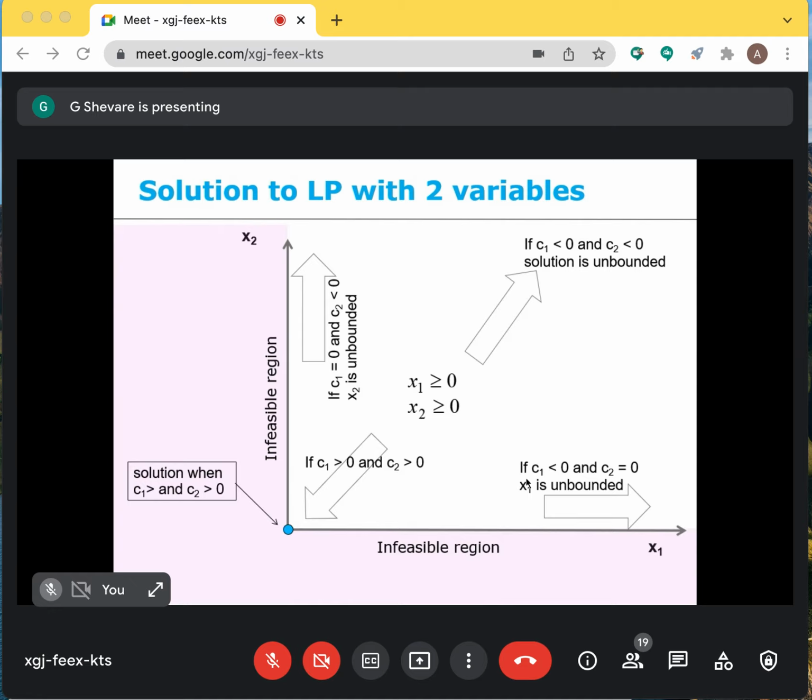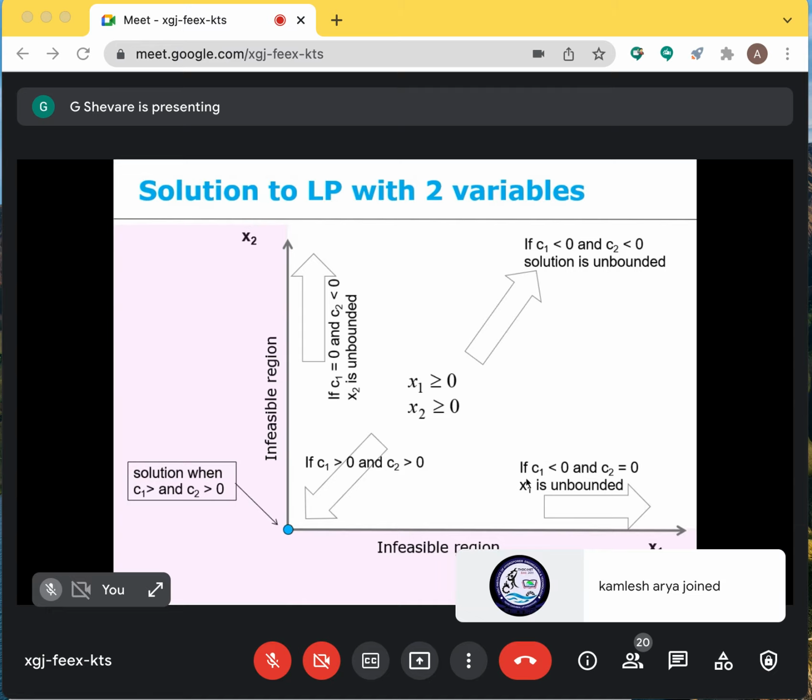Because c1 and c2 are positive, the origin will turn out to be the solution. Remember, we cannot go below the origin into the second, third or fourth quadrant, because it will become an infeasible solution. So x1 equal to 0 and x2 equal to 0 is the solution in case c1 and c2 are greater than 0.